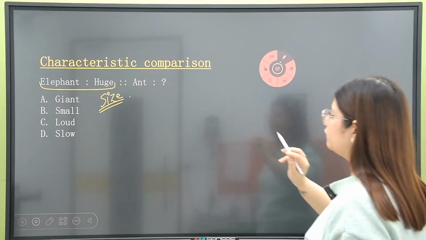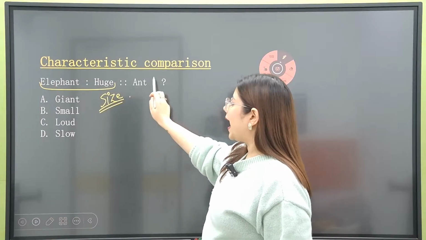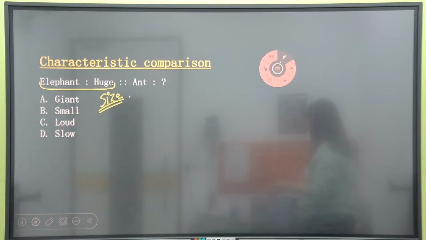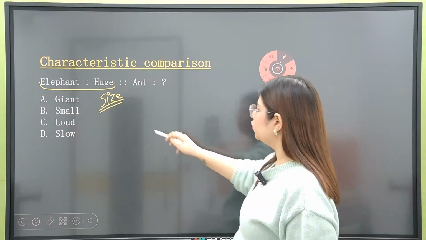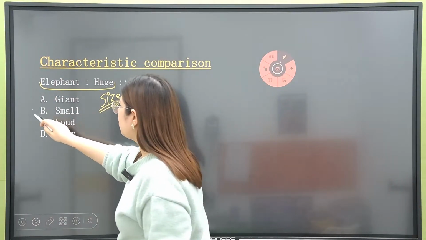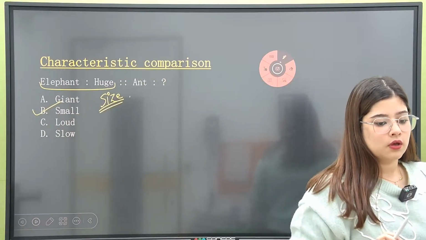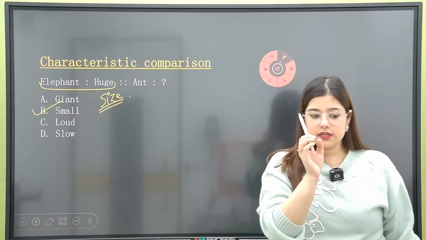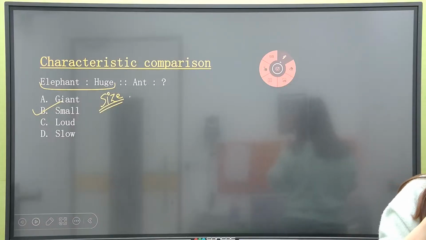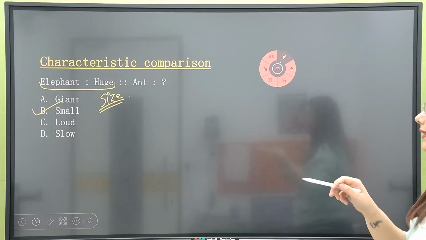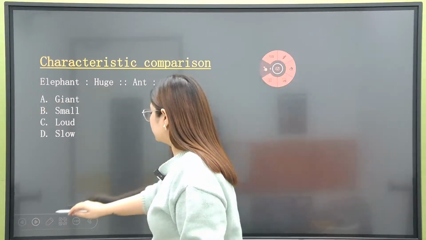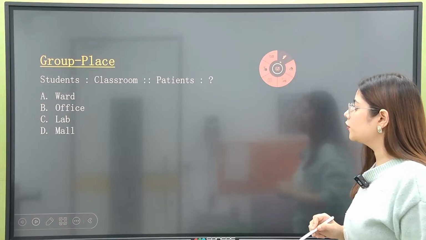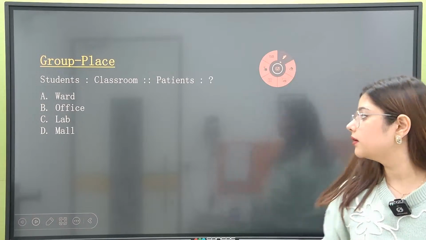So if I say elephant is huge, ant would be small, because I am comparing size. So elephant is huge, such as ant is small. You need to identify the characteristic that is being compared in the first pair, and then move on to the question.